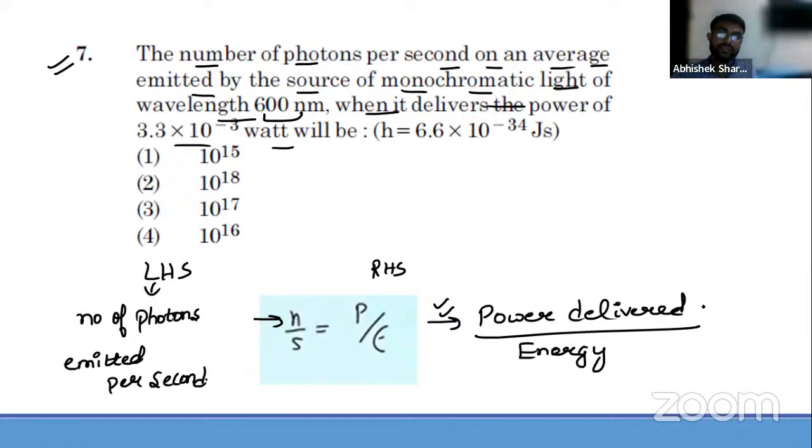Very simple it is. So power delivered will be how much? Power delivered is given here. So just put the values and get the answer.